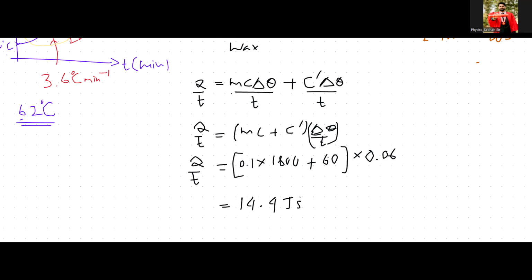Now what do they ask you to find? This is the one they ask you to find in part 2: find the rate of loss of heat to the environment at the moment. Okay. Now they ask you to find the rate, so rate of heat loss.